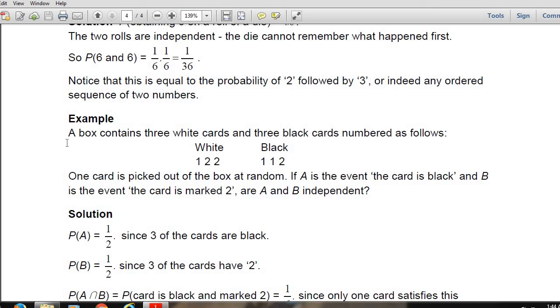Let us take another example. A box contains 3 white cards and 3 black cards numbered as follows. White is numbered 1, 2, 2 and black is 1, 1, 2. One card is picked out of the box at random. If A is the event that the card is black and B is the event that the card is marked as 2, are A and B independent?